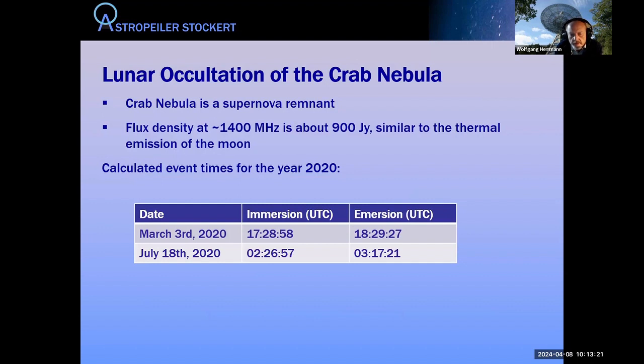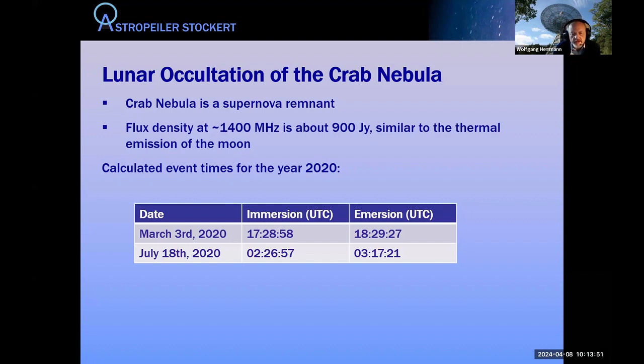The interesting thing about the Crab Nebula is that it has a fairly high flux density. So it's 900 Jansky roughly at 1400 megahertz. And that's pretty much the same as the thermal emission from the moon. So you have 2 objects which have essentially the same order of magnitude of signal. And you should see a very distinct difference when the Crab Nebula disappears behind the moon.